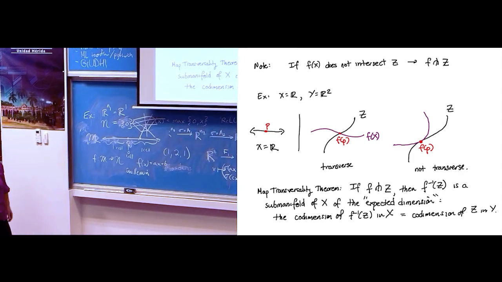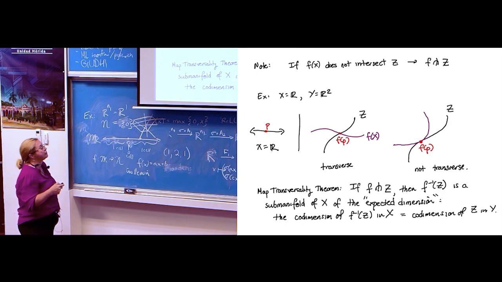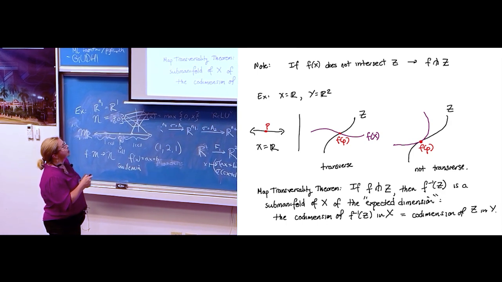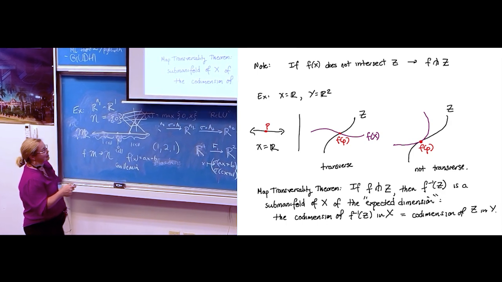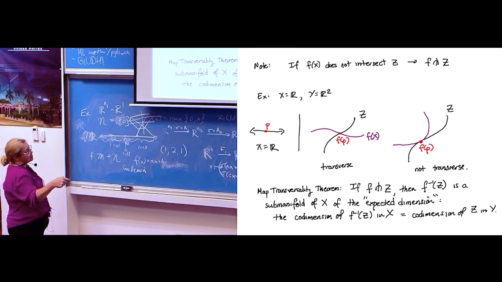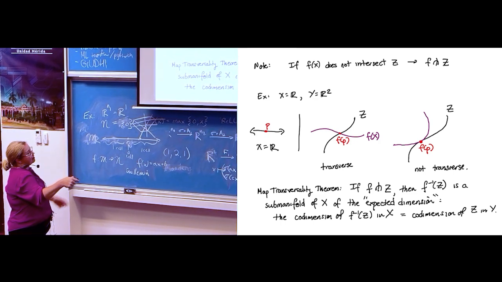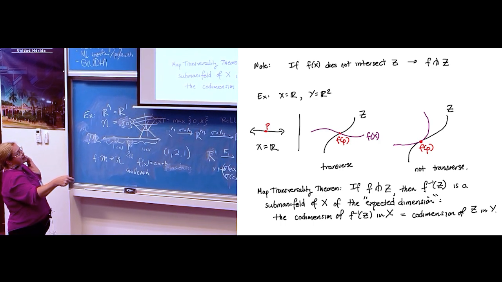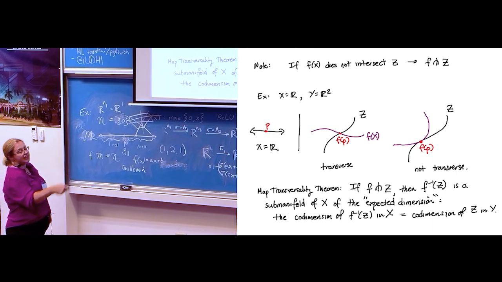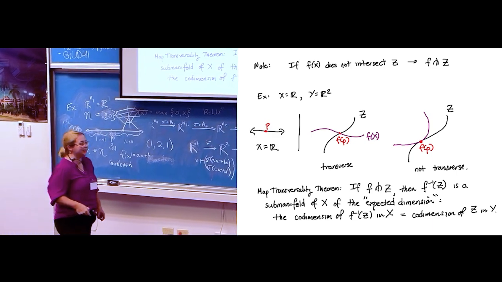Okay. So what's the point of transversality? Essentially, it's this theorem. This is the classical theorem. That if F is transverse to Z, when you pull back Z, you get something that has the expected dimension.